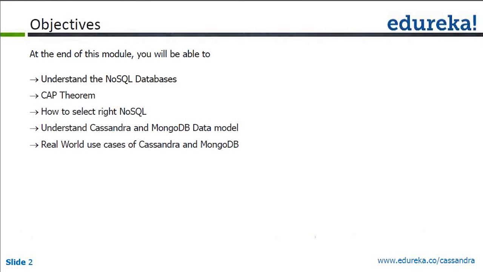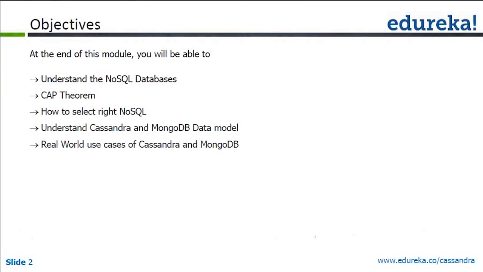What are the different constraints, and what are the advantages or disadvantages that must be considered when you want to go for a specific NoSQL database? Then we will quickly go through some information about data modeling. We have two different NoSQL flavors today, Cassandra and MongoDB.